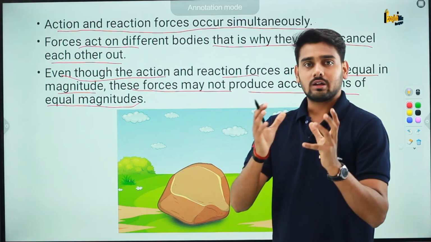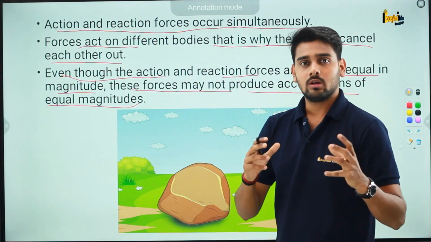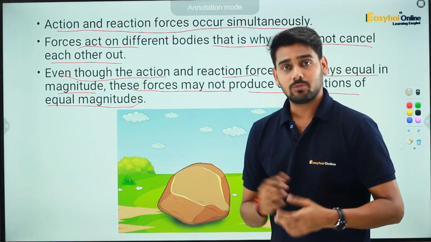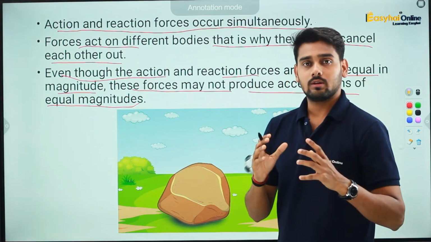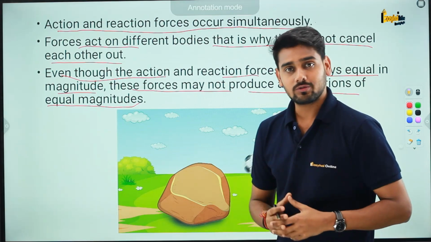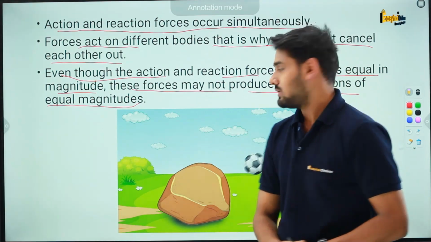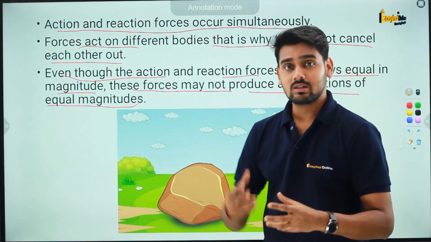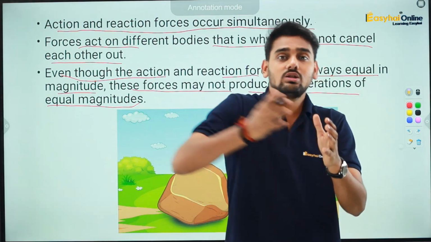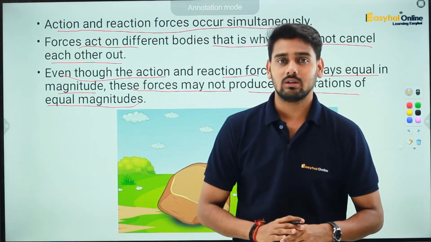We learned that the rate of change of momentum is directly proportional to force. This means if the mass of the body is really high, to change the momentum of that body, you have to apply a higher amount of force.